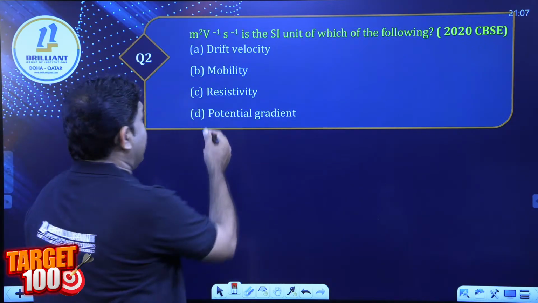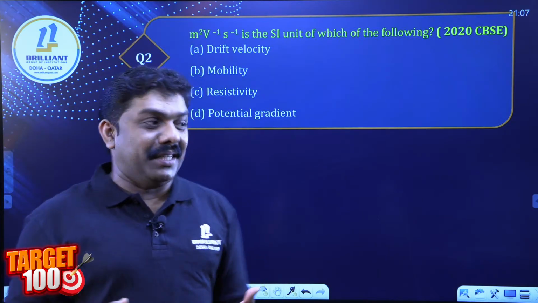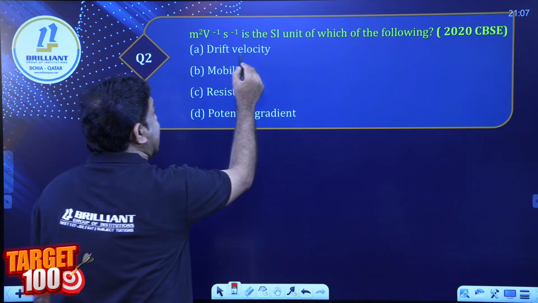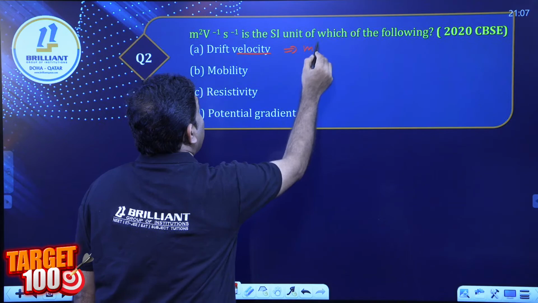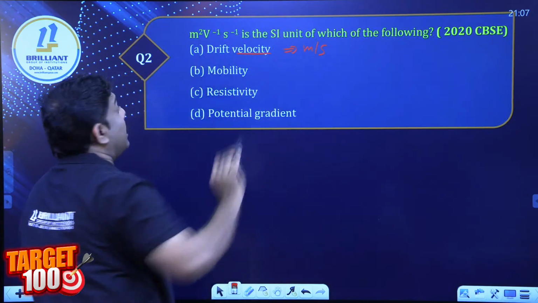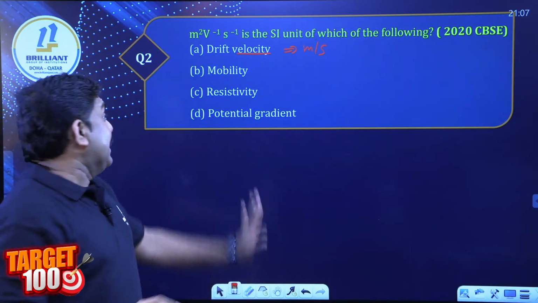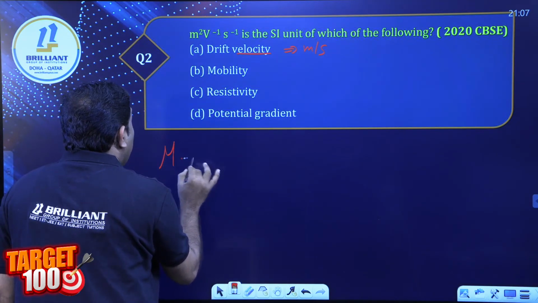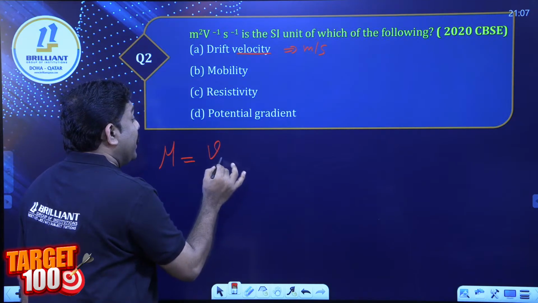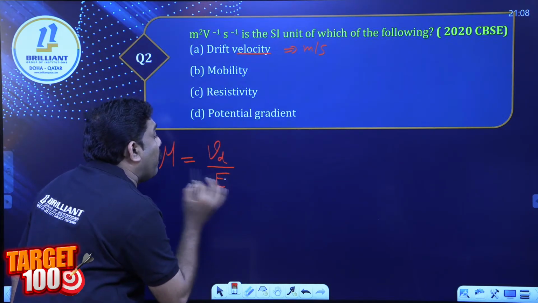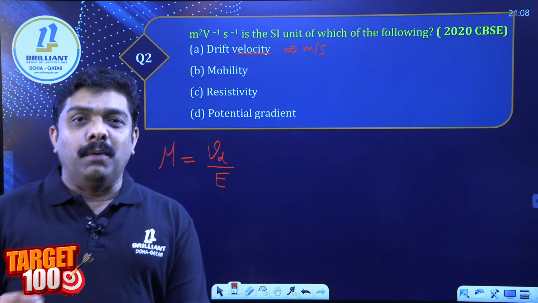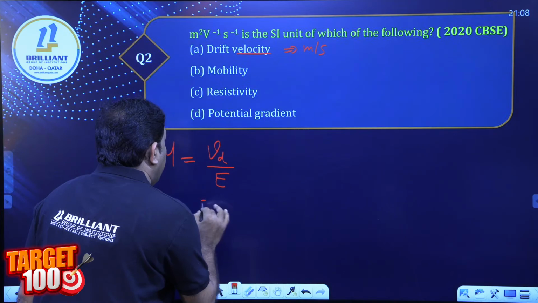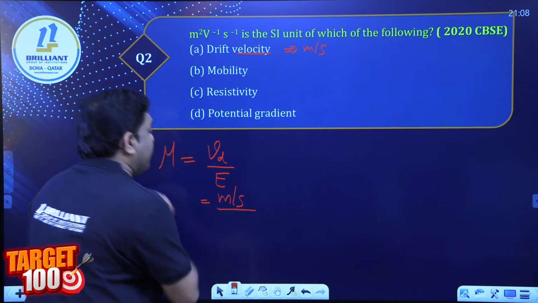We can check first whether it is drift velocity. Drift velocity is a velocity, so its unit will be meter per second. So no chance for drift velocity. Then the next one is mobility. Mobility is equal to the drift velocity divided by electric field, mu equals v_d by E. The unit of v_d is meter per second.